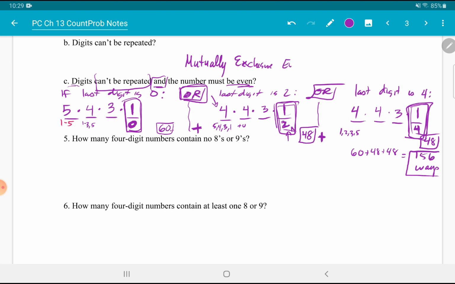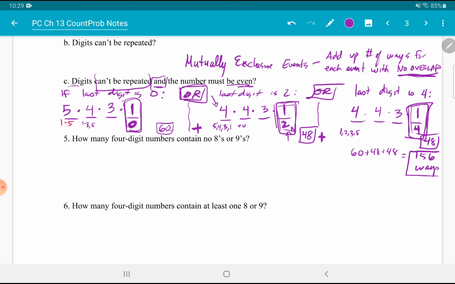events, which is basically another way of saying that you can add up the number of ways for each event because they do not have any overlap. They don't have anything in common with each other.